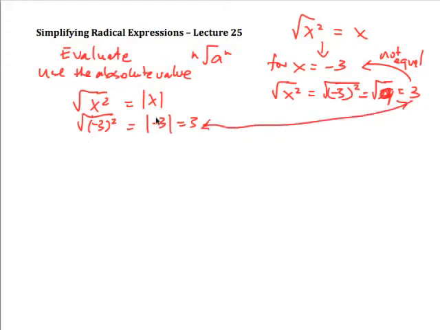So when we have a square root, there's a certain issue that occurs, and to alleviate that we use the absolute value.